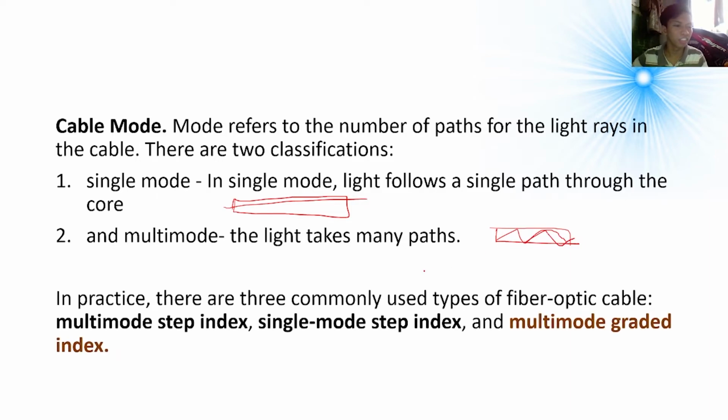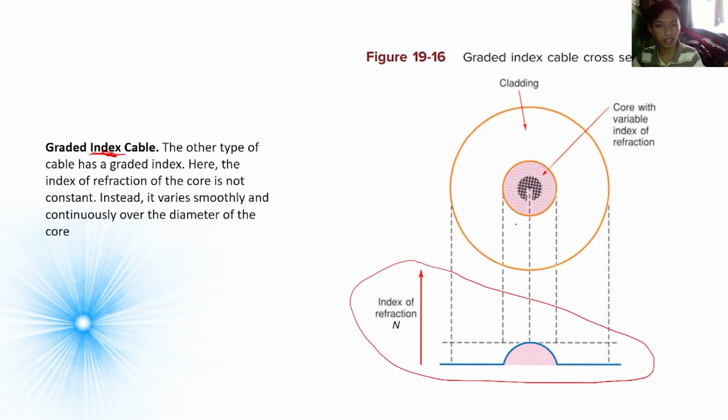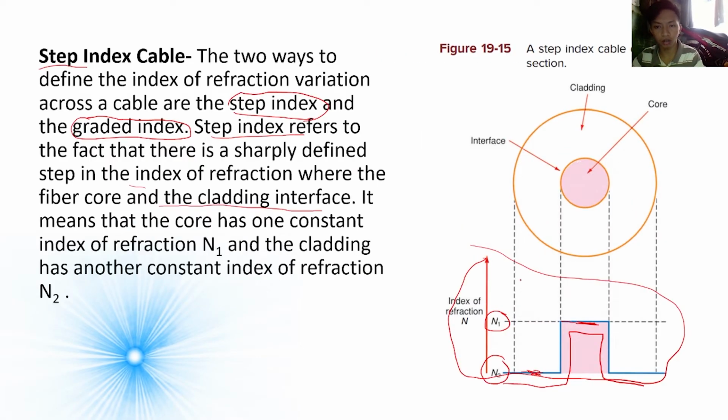In practice, there are three commonly used types of fiber optic cable. We discussed the index and also the mode. So this is multi-mode step index. Remember the step index and apply the concept of multi-mode. Therefore, it has this kind of path, and the cladding with respect to the core would be like this step.